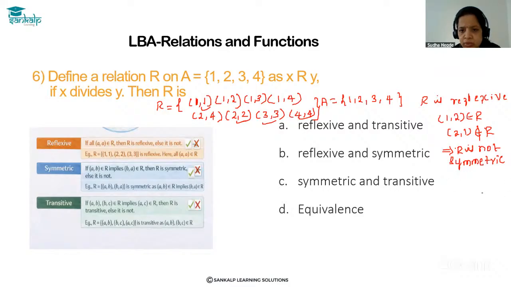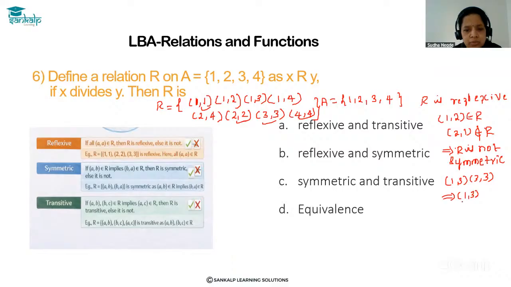(1,3) belongs to R. (3,3) belongs to R. This implies (1,3) belongs to R. (1,4), (4,4). Again, it is true. (2,4), (4,4). That is also true. Any other possibility? (1,2), (2,2). That is also true.